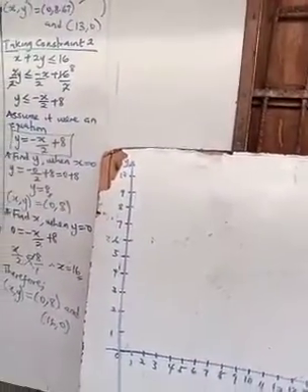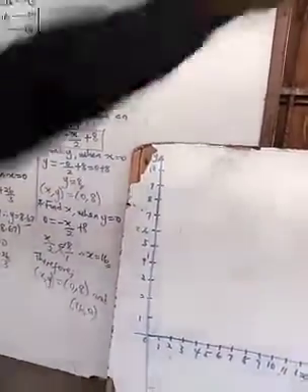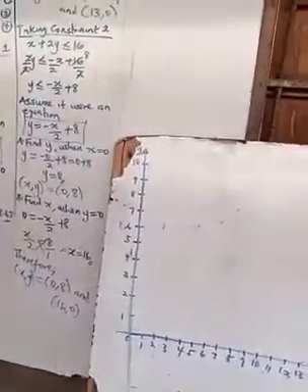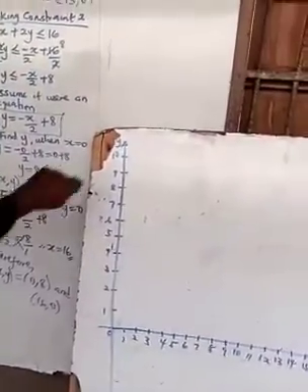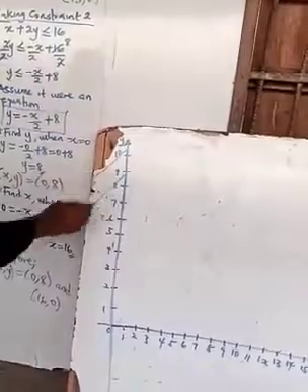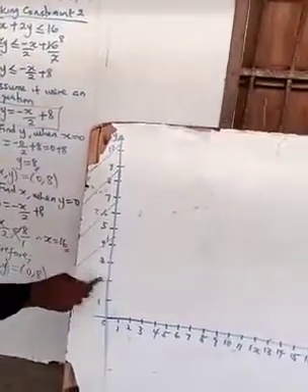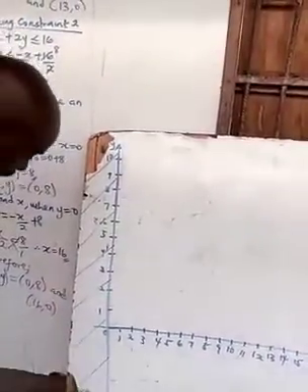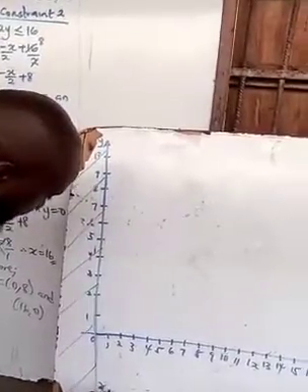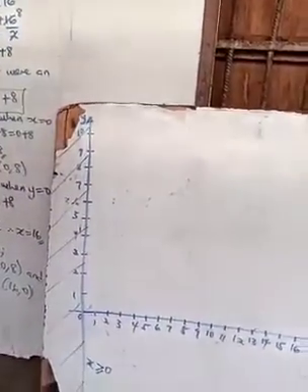Now it is greater than 0, so we are interested in this part of x. So we shade this part of x. This part represents x greater than or equals to 0.